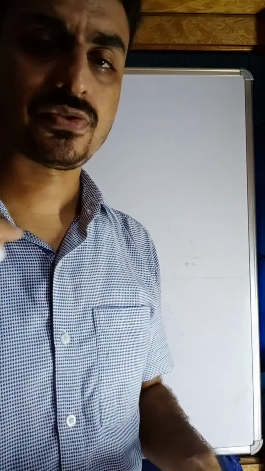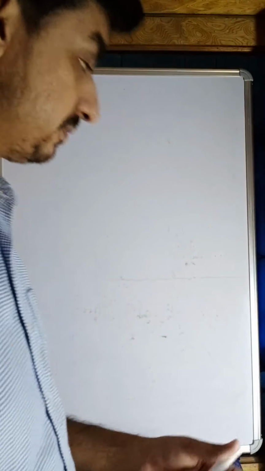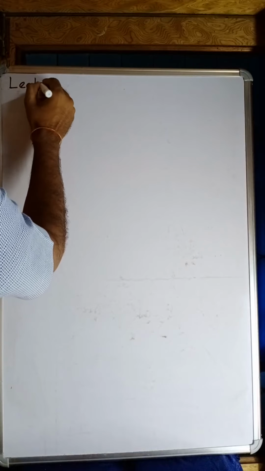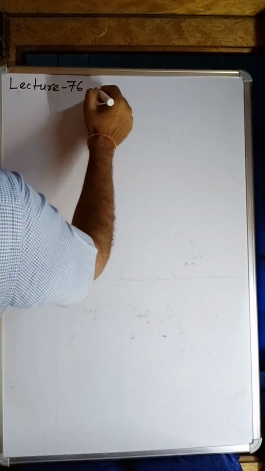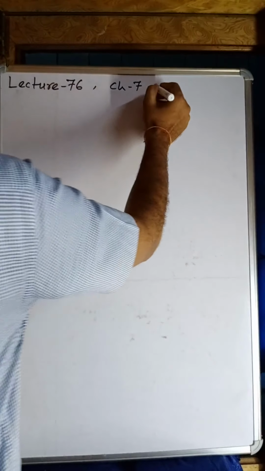I hope the number of students you have made reach the correct answer. But I will start today's lecture from that topic. It is lecture number 76 of chapter 7 in CRT.